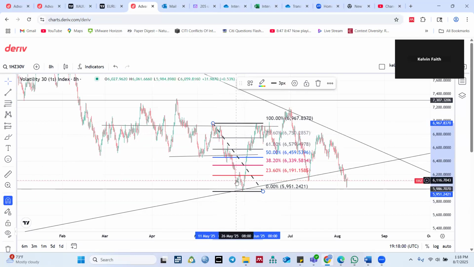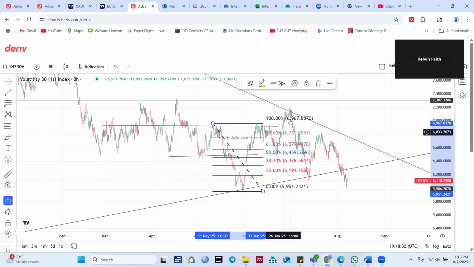Then price moved back into premium here and it sold. But I told you, when it sells and comes back to take out that high, it means your stop loss is hit. If you want to sell again from here, it's still at premium. You got a first sell to here and made some profit.